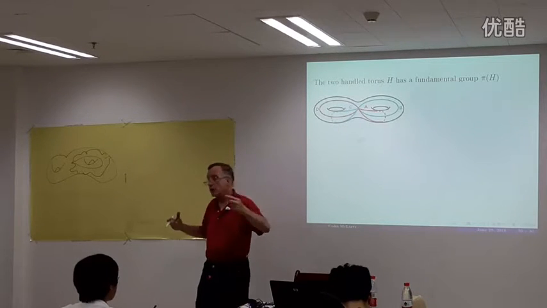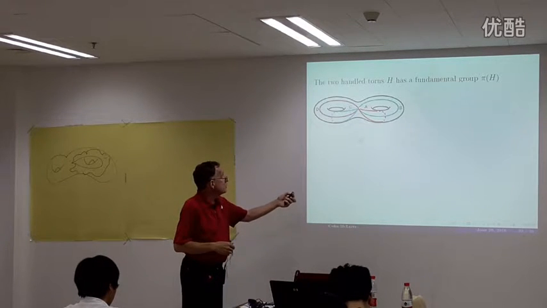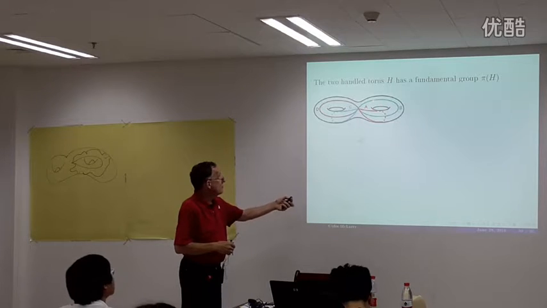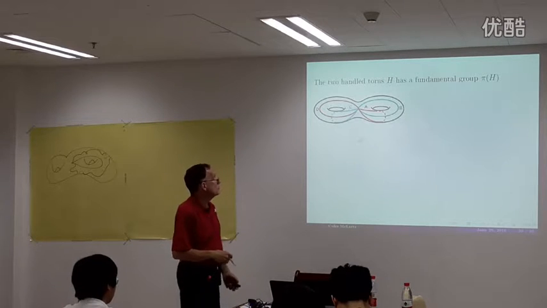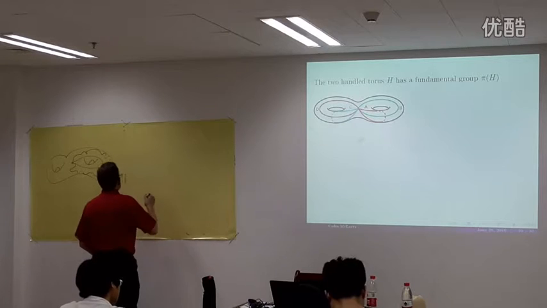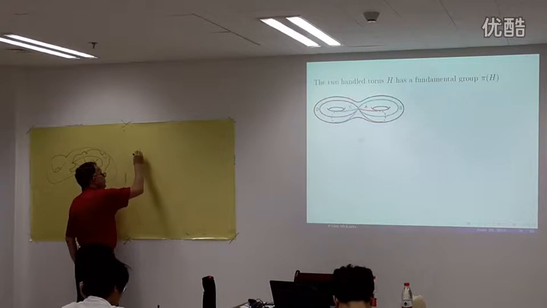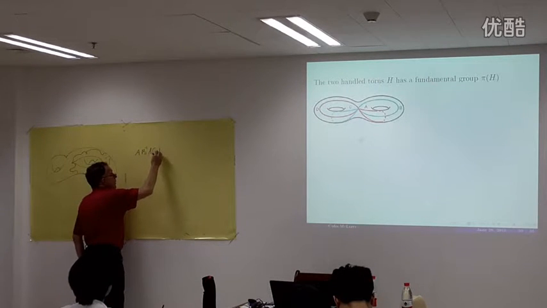Every path, no matter how complicated, can be deformed down to some combination of these paths. Some of them follow in one direction, sometimes follow the other. So this is the fundamental group, the group you get. So an element of the fundamental group almost looks like B inverse, A, C, D inverse.